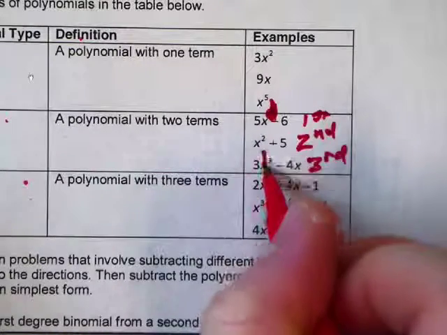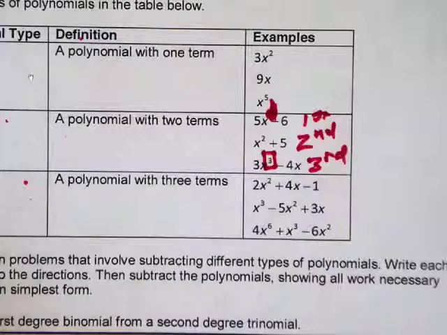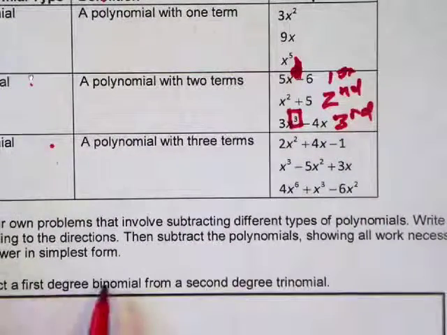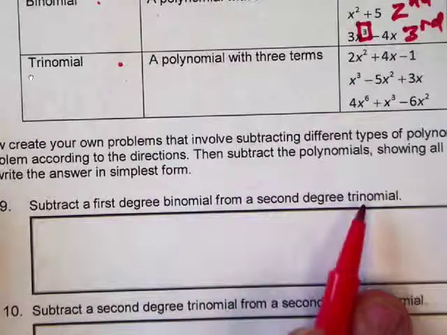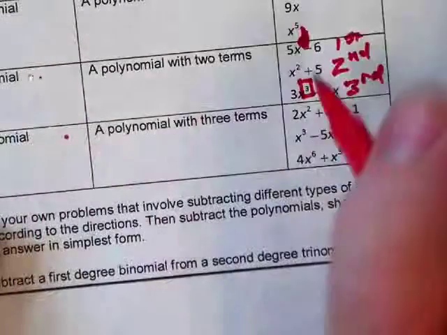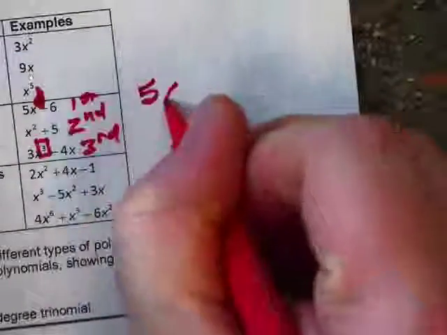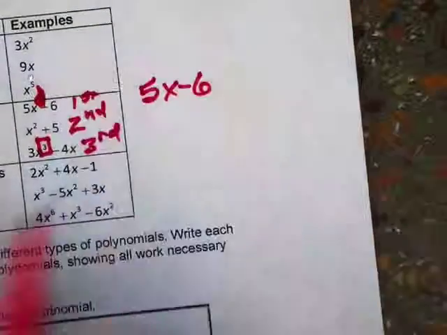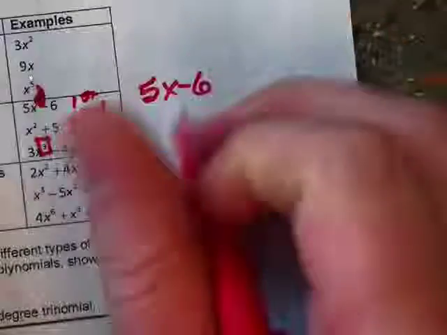Whatever that highest exponent is, that's your degree. So when it says subtract a first degree binomial from a second degree trinomial, it's like saying, okay, first degree binomial, so let's use this example here, 5x minus 6, we're subtracting that from a second degree trinomial.